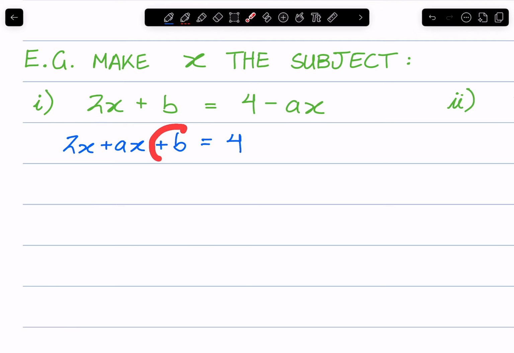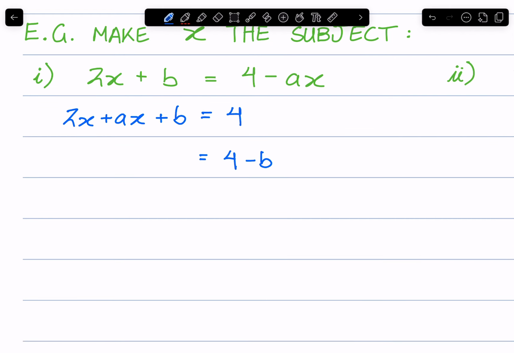And then, since we want to make x the subject, we need to leave this on the same side and move b onto the other side. So we're going to subtract b. And that's now what we've moved.